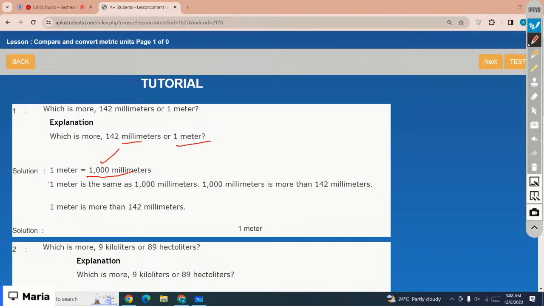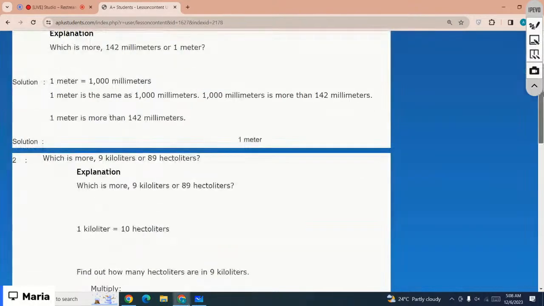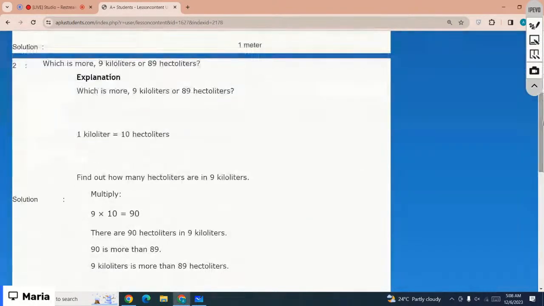The next one is which is more, 9 kiloliters or 89 hectoliters. You need to make sure they both are in the same units before you compare them. So you can convert the kiloliters to hectoliters. We know that 1 kiloliter equals 10 hectoliters.